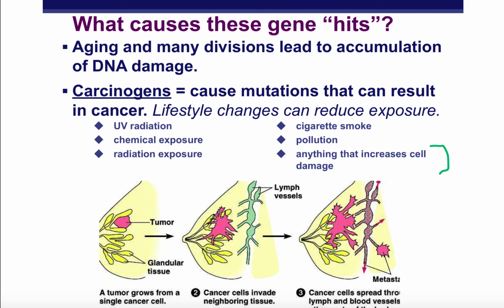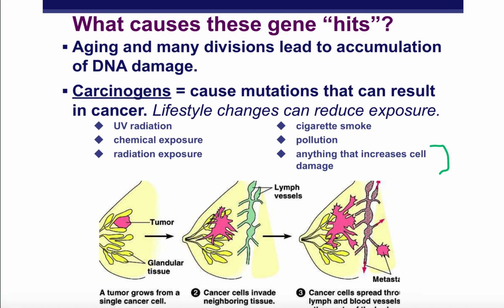If you get cell damage constantly to your tissues, you have to replace it. The more often you have to divide your cells to replace bad, broken, damaged tissue, the more likely you're going to eventually develop a mutation that could be a problem.